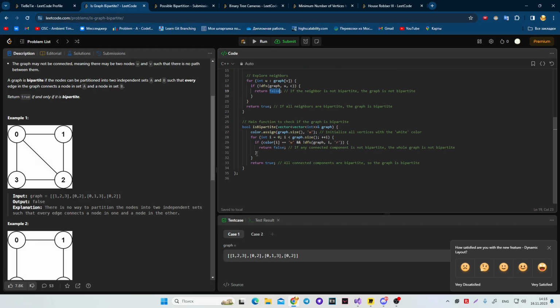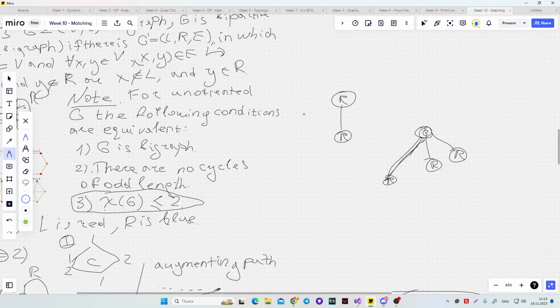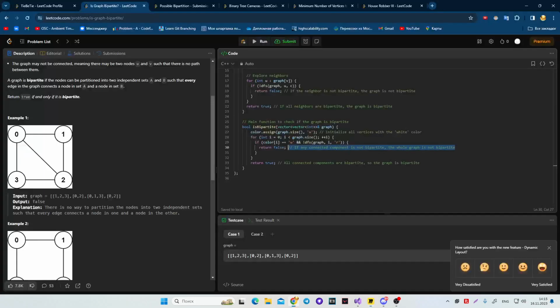We perform it for every vertex because our graph can have several components, and that's all.